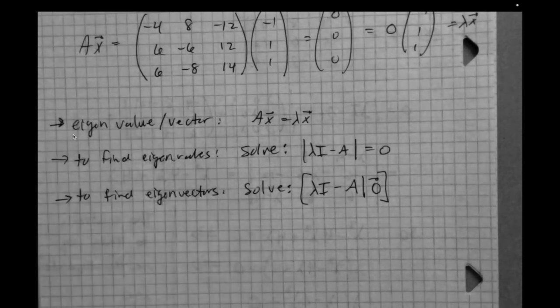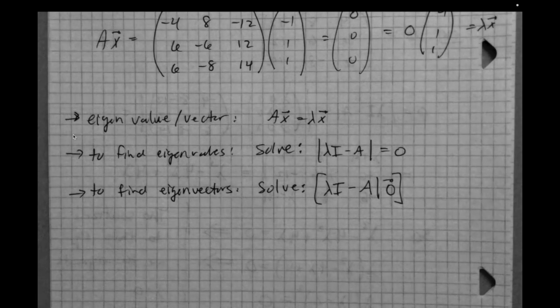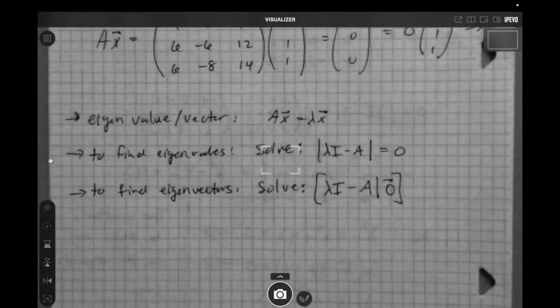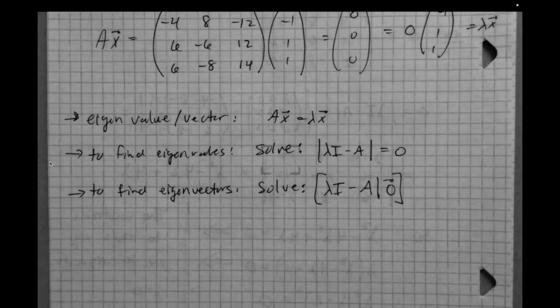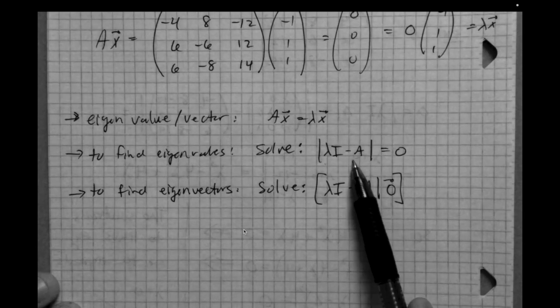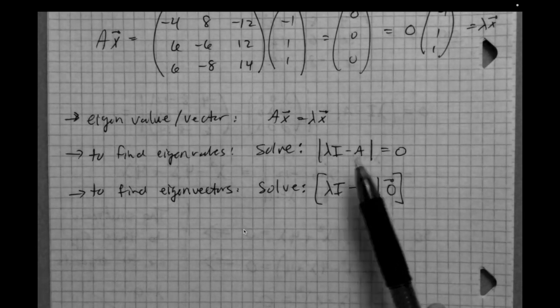Now, in practice, eigenvalues can be very challenging to identify. They can be really tricky. It just really depends on the matrix. As your matrix dimensions grow, this becomes really complicated. Identification of the determinant can be very complicated.